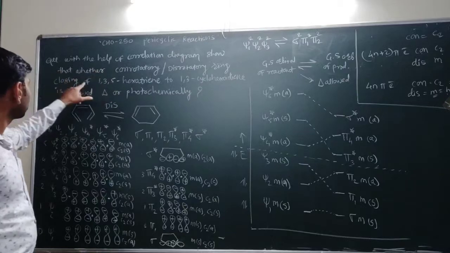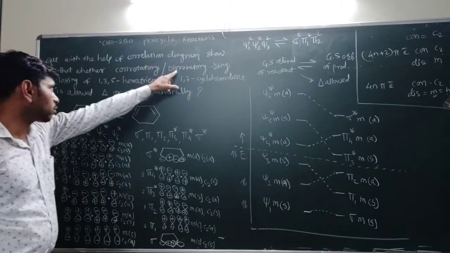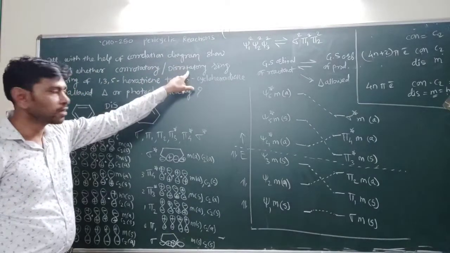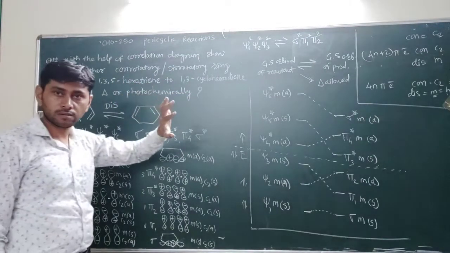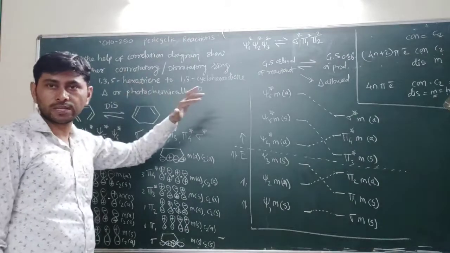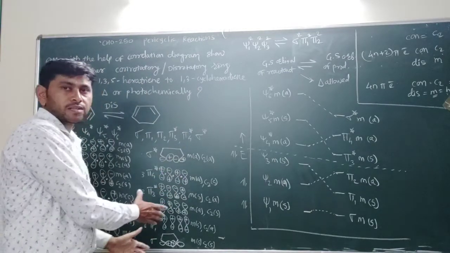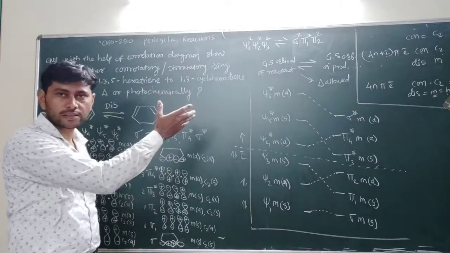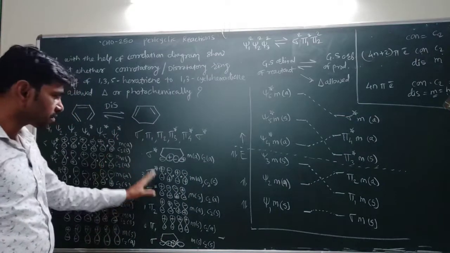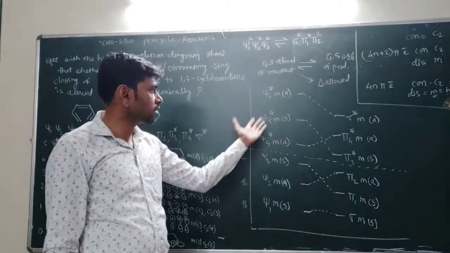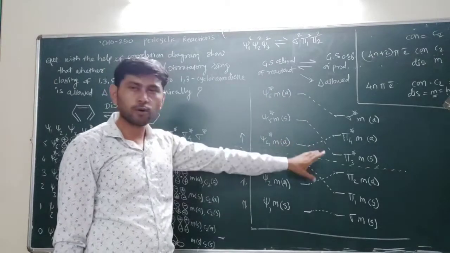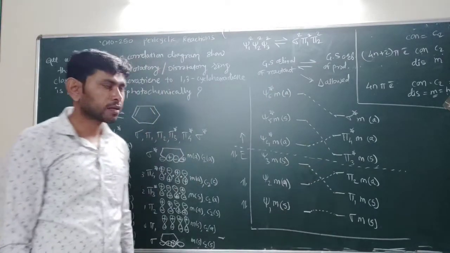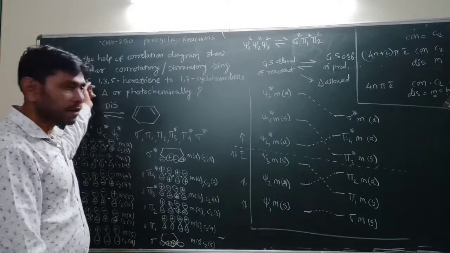We have shown that the disrotatory ring closing of 1,3,5 hexatriene, whether the reaction is ring closing or ring opening, has the same explanation, because the orbitals of reactant and product are the same. You can just write reactant orbital instead of product, and product orbital instead of reactant orbital, when the ring opening reaction is there.